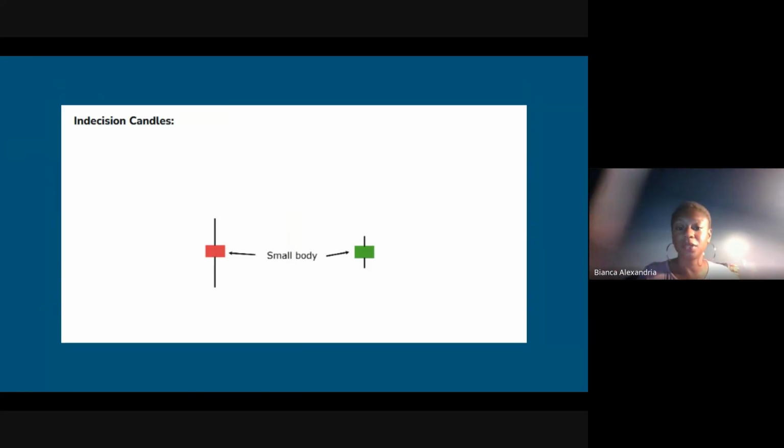You need to wait for the next candle to see what is actually happening. So that is high, open, low, close of bearish and bullish candles, as well as large bodies, which exemplify a lot of volume, and indecision that has less volume.